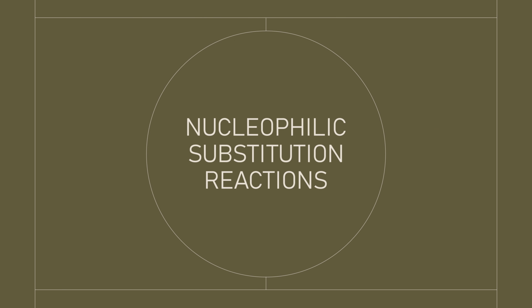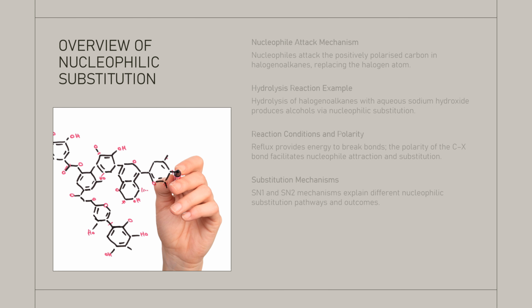Overview of nucleophilic substitution, SN2 mechanism, primary halogenoalkanes, SN1 mechanism, tertiary halogenoalkanes, comparing SN1 and SN2 mechanisms. Nucleophilic substitution is one of the most important reaction types involving halogenoalkanes.